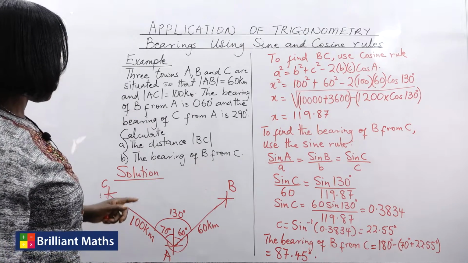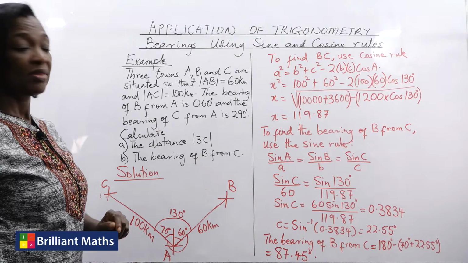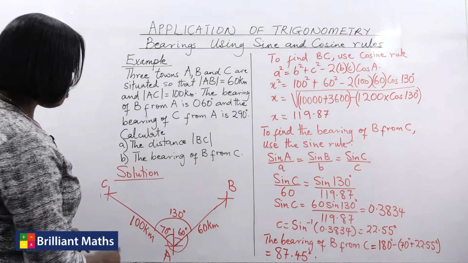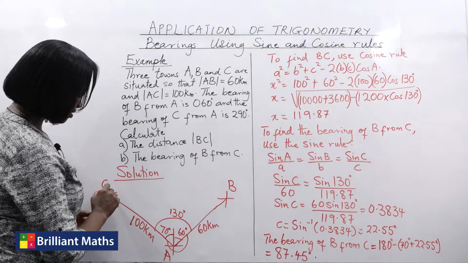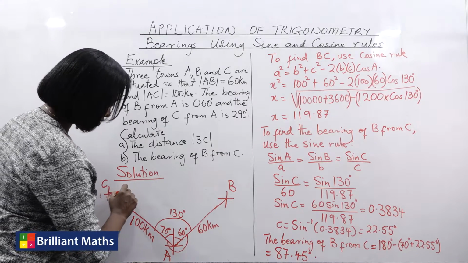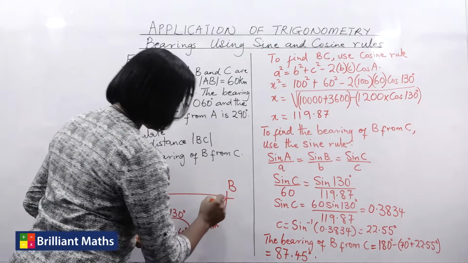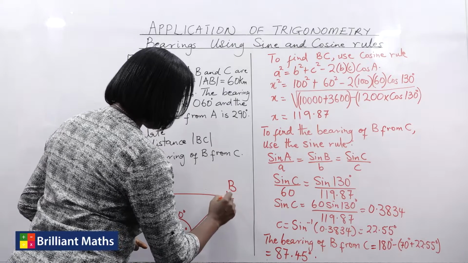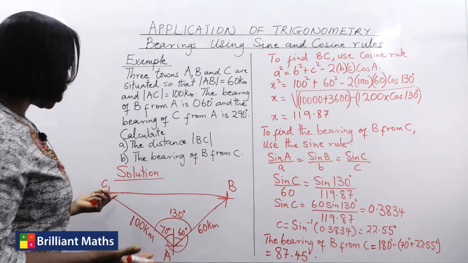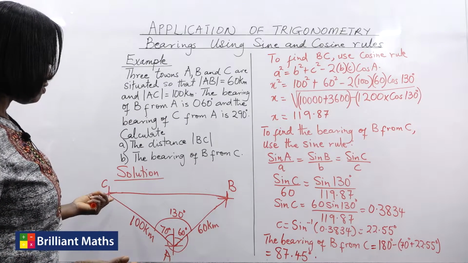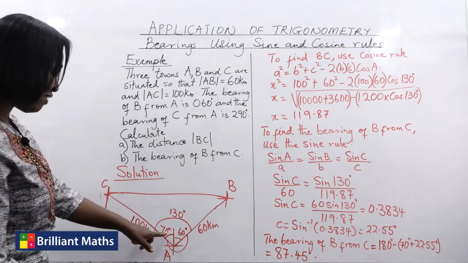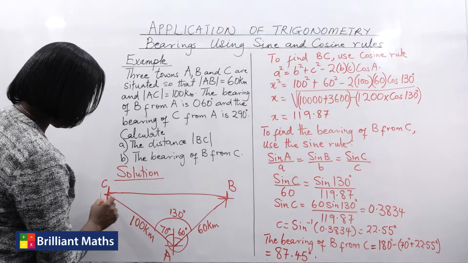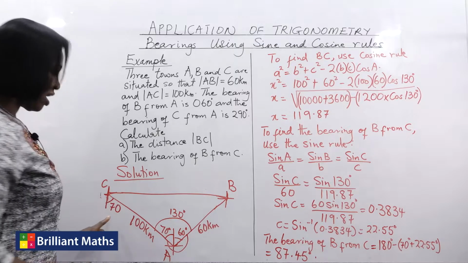What are we supposed to find? BC and the bearing of B to C. So when we join this line, is a sketch. When we join the line, we no longer have the angle. The only angle we have here will be 70 using our alternate angles.